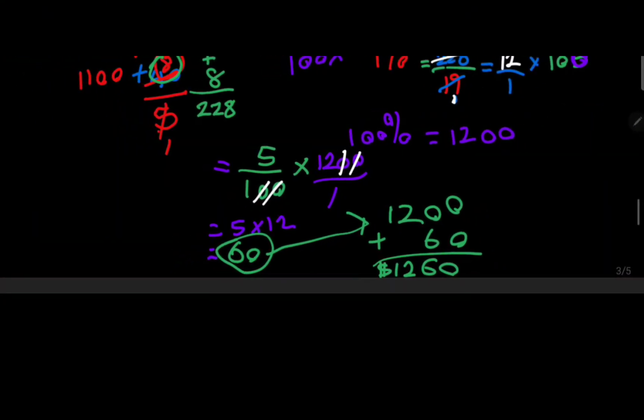So we find the 100% and then we find the 5% by itself and add them together, or we could have just added the 5% to the 100 from the start to make it 105%, and then tag that to the cost price.